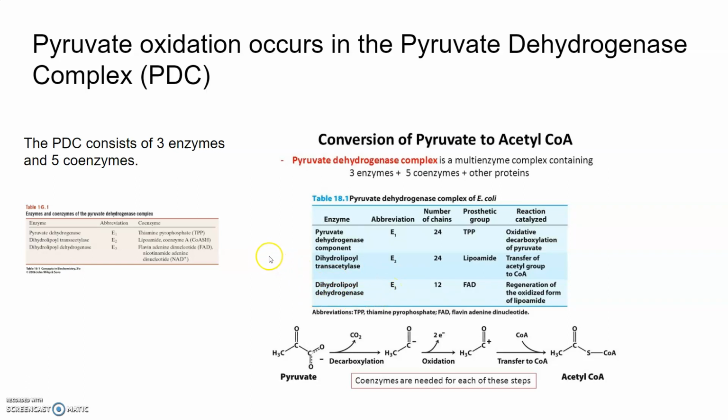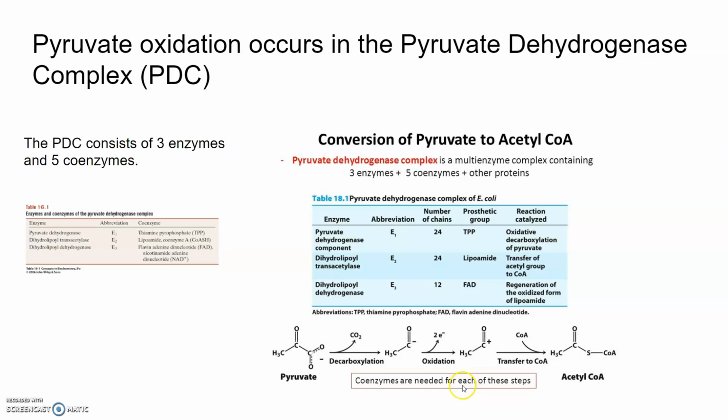There are also 5 coenzymes in this complex, which are thiamine pyrophosphate, or TPP, lipoamide, flavin adenine dinucleotide, or FAD, coenzyme A, or CoA, and lastly nicotinamide adenine dinucleotide, or NAD+.